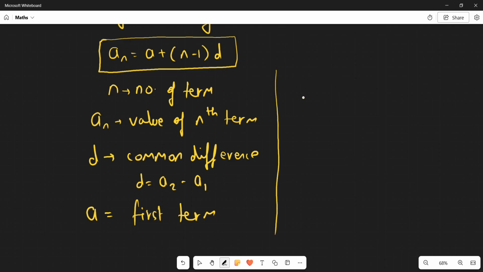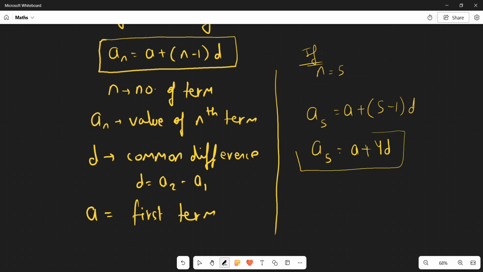Instead of n, if I put n equals 5, just as an example, I get a5 equal to a plus 5 minus 1 d. So the fifth term is a plus 4d.